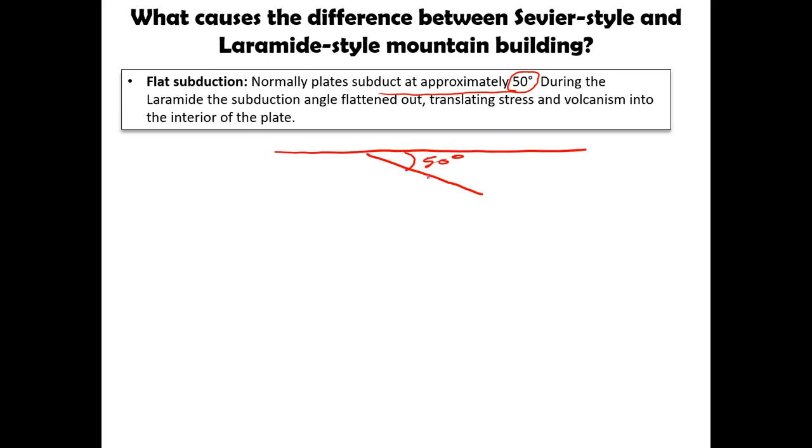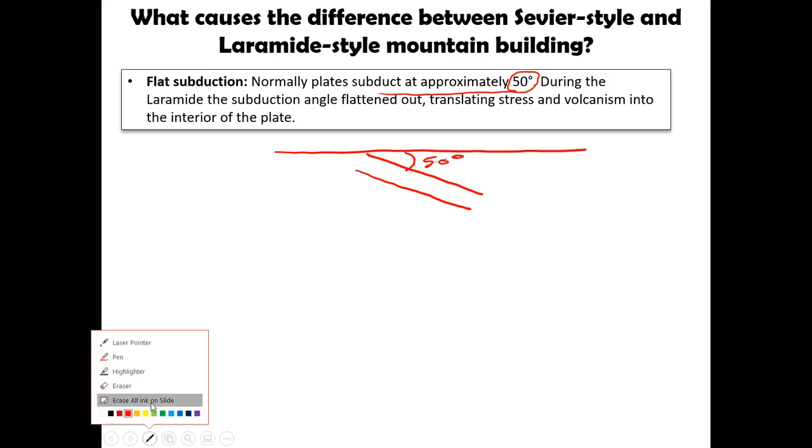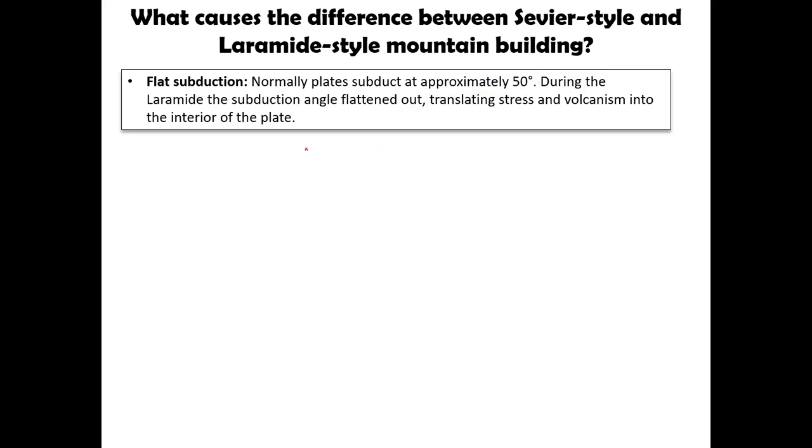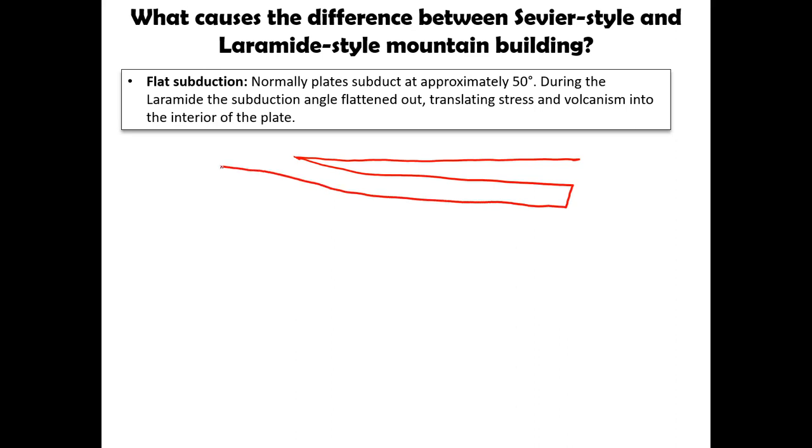Okay, so that angle right there between the subducting seafloor and the surface is about 50 degrees. However, we think that during this period, we got something called flat subduction. So instead of having that normal subduction angle, subduction was kind of going like this. Okay, so here's the subducting slab.